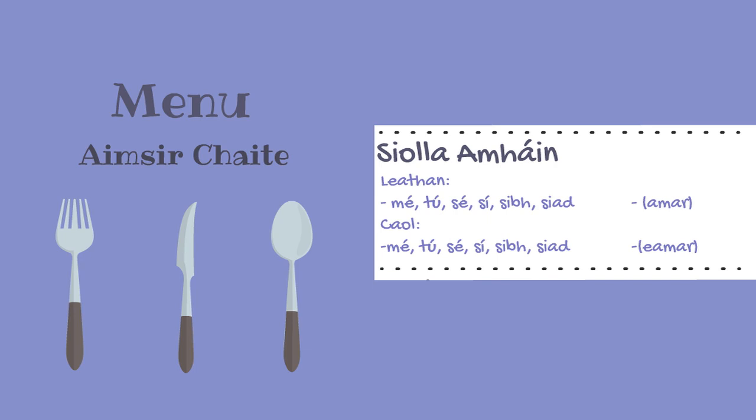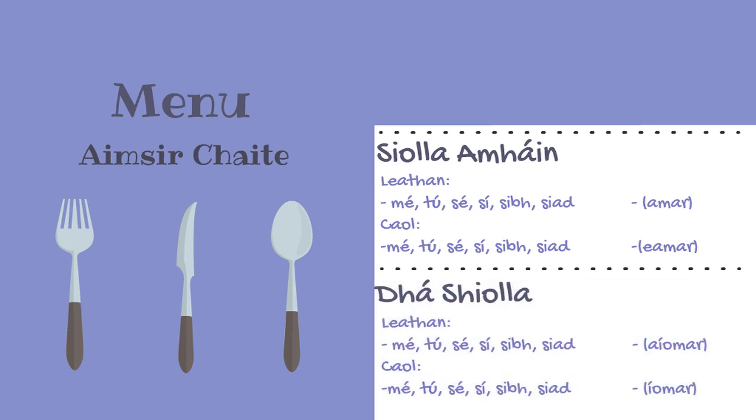For two-syllable Leathan verbs, the ending is -aíomar. For example, cheannaíomar, we buy. And for two-syllable Caol verbs, the ending is -íomar. For example, bhailíomar, we collect.